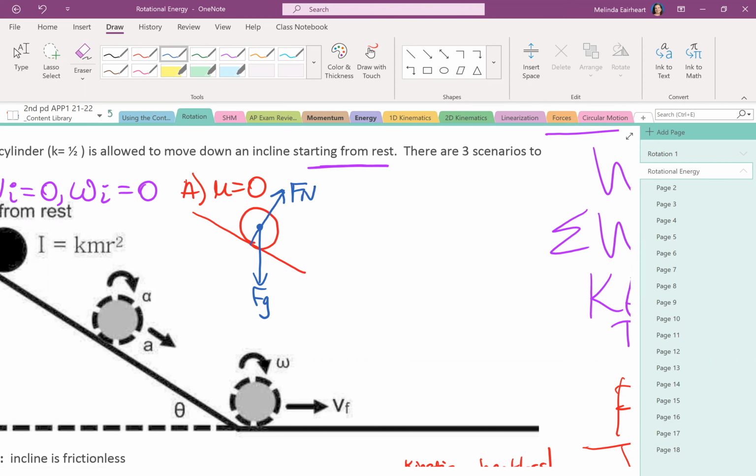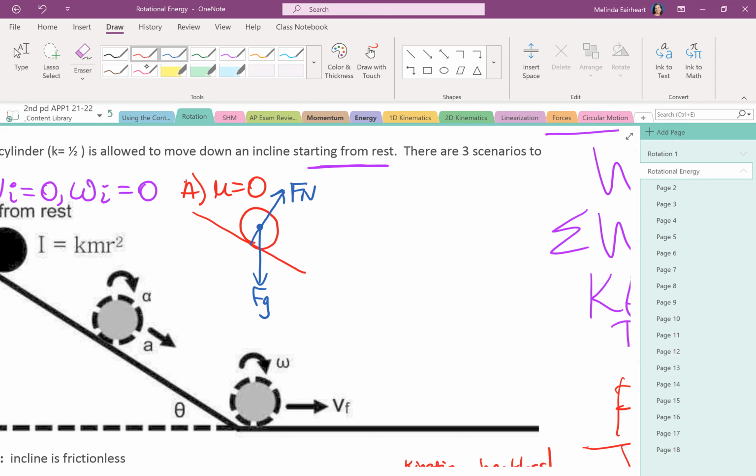Yeah, this one, there's no friction. So what other forces are acting on it? None. So who's going to cause scenario A to rotate? Well, to consider that, we need lever arms, we need a fulcrum, we need a hinge axis of rotation. For this round object going down the hill or the ramp, where's the axis of rotation?